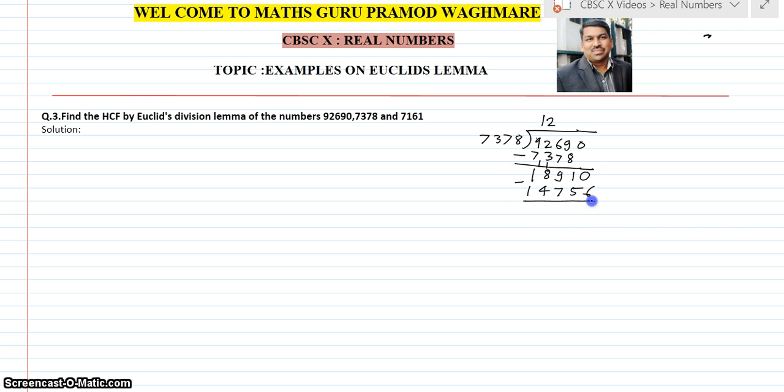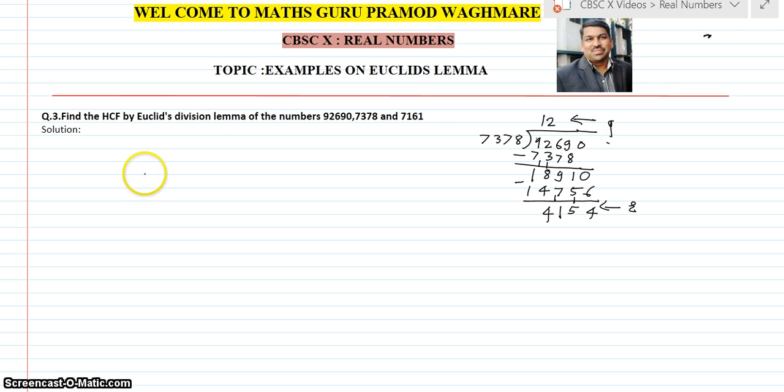If we subtract this, 10 minus 6 is 4, again 11 minus 6 is 5, then 9 minus 8 is 1, and here 8 minus 4 is 4. If you observe this 4154, it is less than this, so that means this is the remainder R, and this is Q.